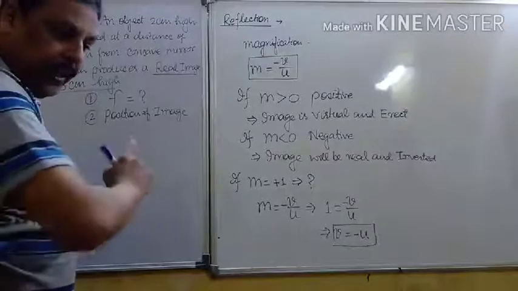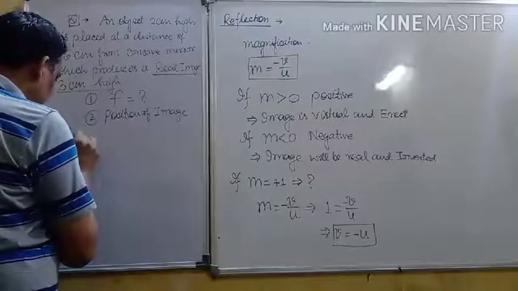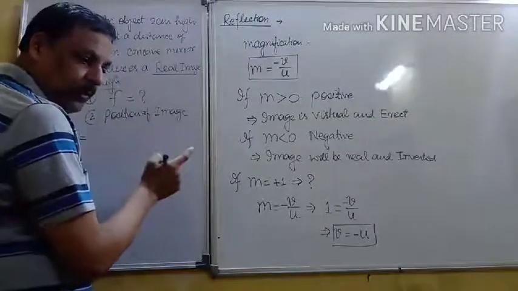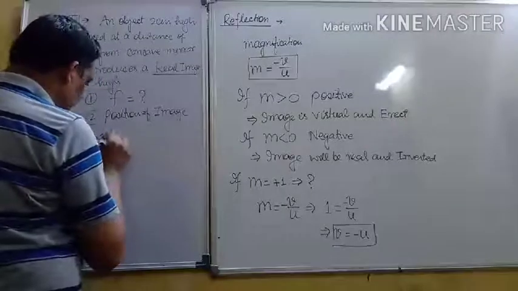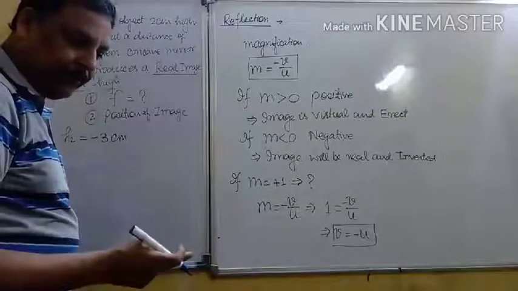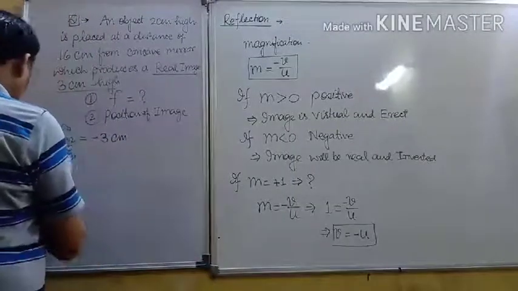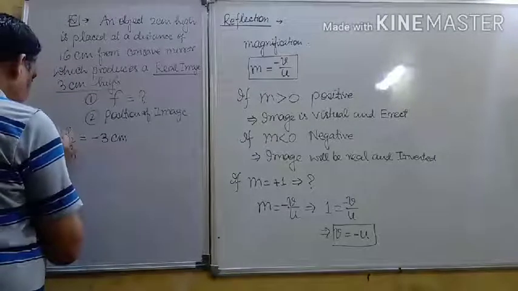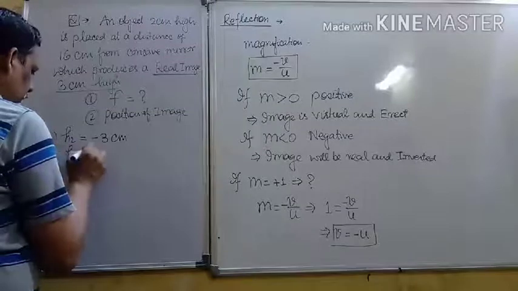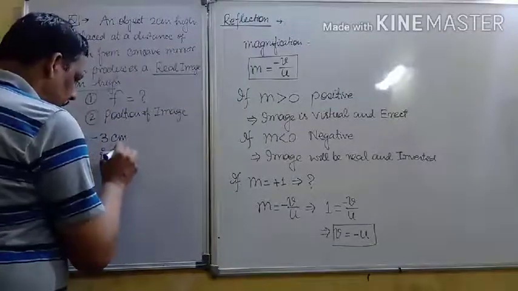Image height we show as h2. So h2 given here is, real image is always negative, -3 centimeter. Okay, negative sign. And h1, this is for the image, this is for the object. Height of the object is 2 centimeter.